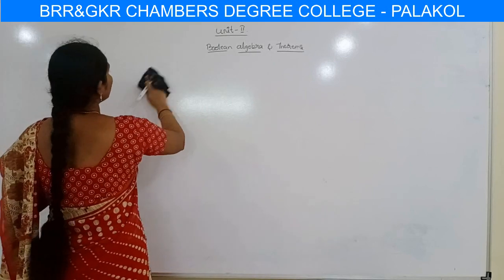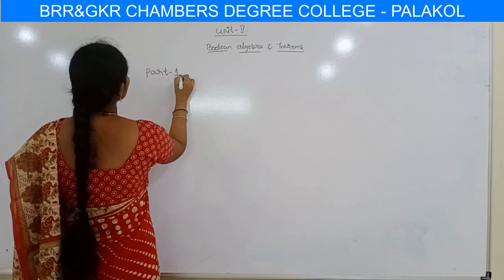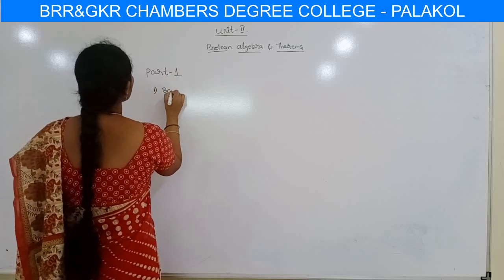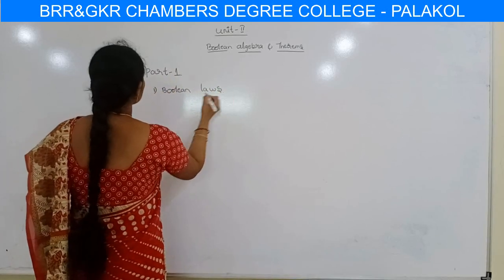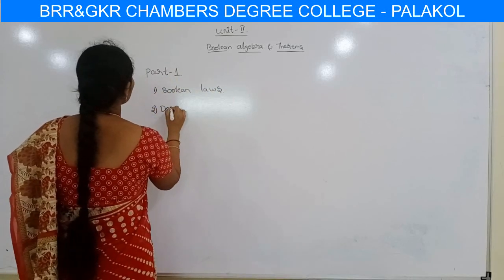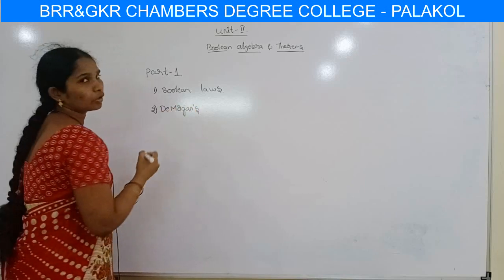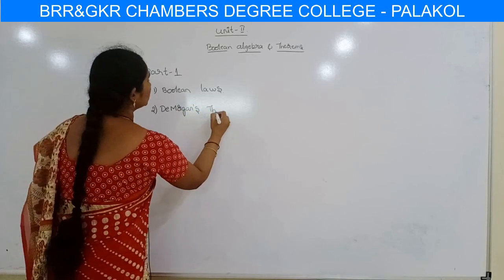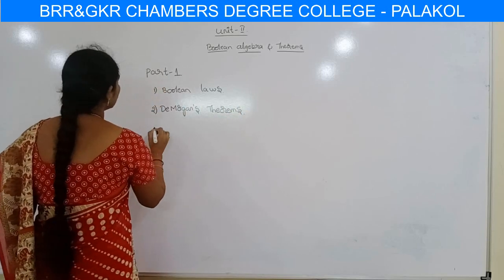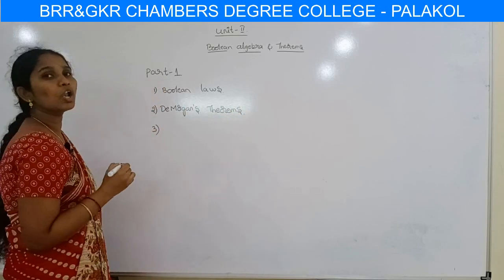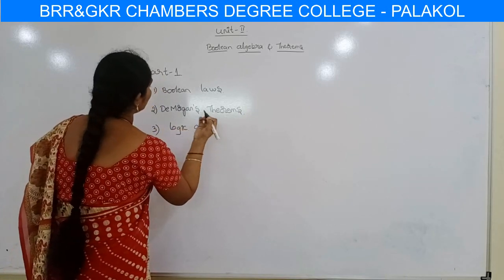Part number 1 is Boolean laws, the next one is De Morgan's theorems, and the third one is logic circuits, or digital logic circuits.